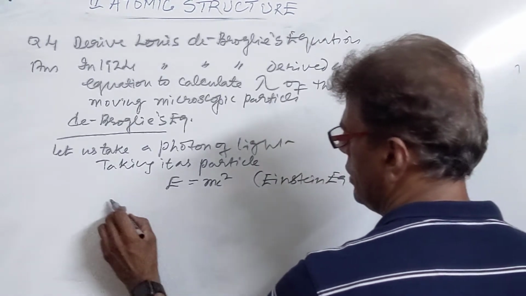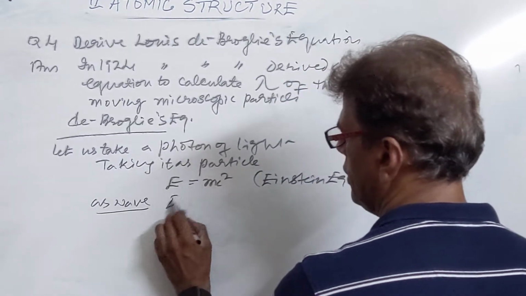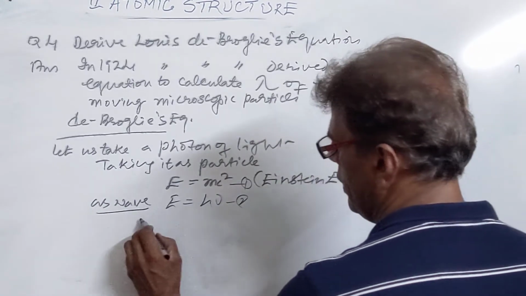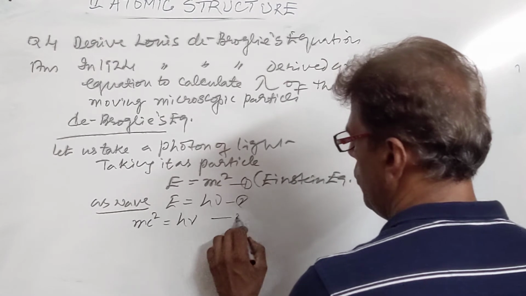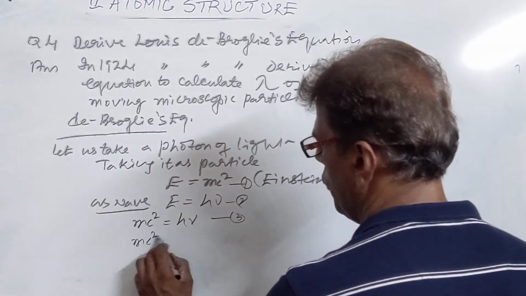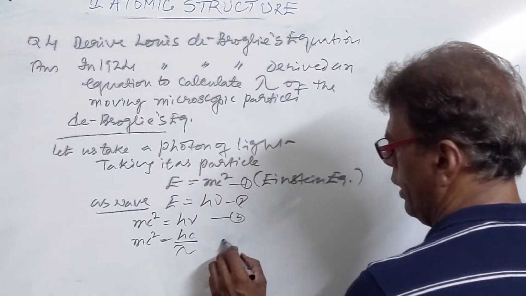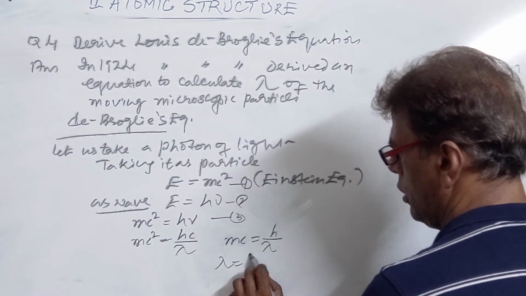And taking it as a wave, because this photon has both characteristics, its energy is given by hν. Equating 1 and 2, we get mc² = hν. Putting the value of ν, mc² = hc/λ. One c is cancelled, so we get mc = h/λ, or λ = h/mc.